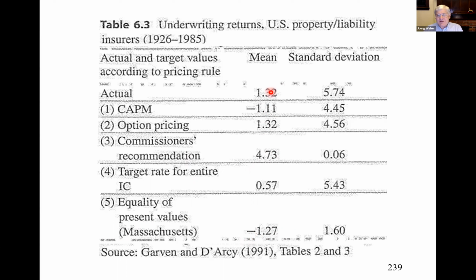So here we have the actual figures, and then here we have the two figures from the capital asset pricing model and from the option pricing model. And then here we have some rules which were given by regulators, by the government, and here they made the same mistake as in Germany. It's American figures here.